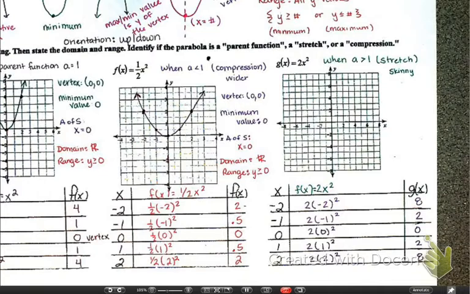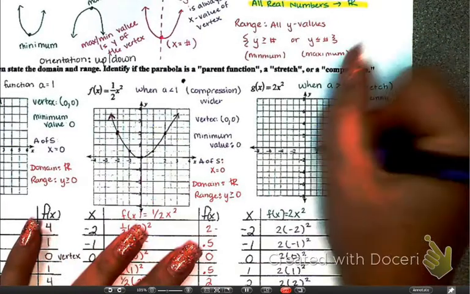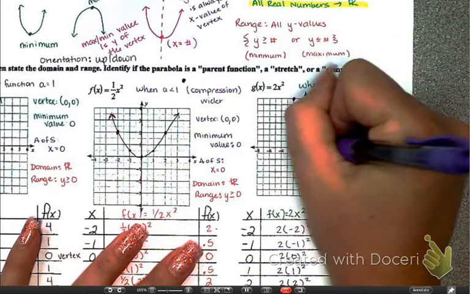Now, I was asked if 0, 0 will always be our vertex. The answer to that question is no, but right now it is. Okay, we're starting with the basics. So let's see how you did. I should probably plot my points first. How about that? 2, 8, negative 1.